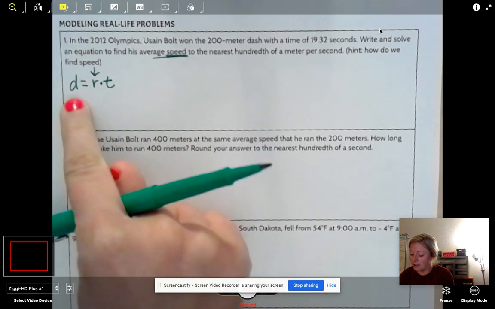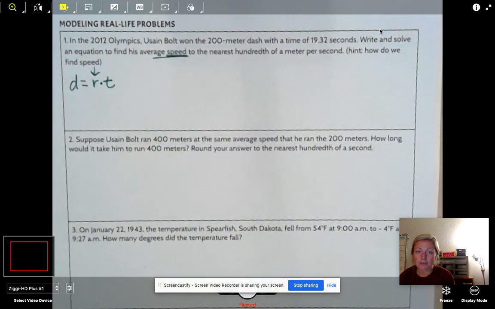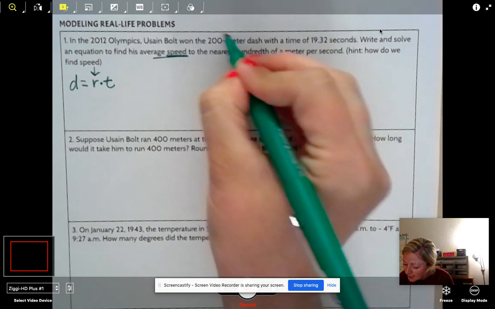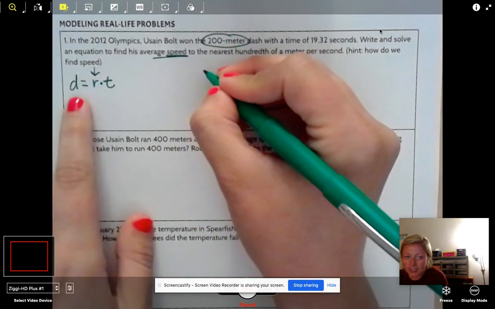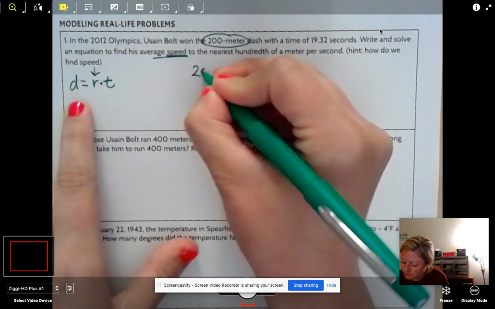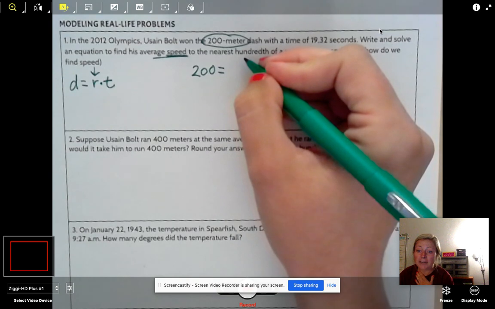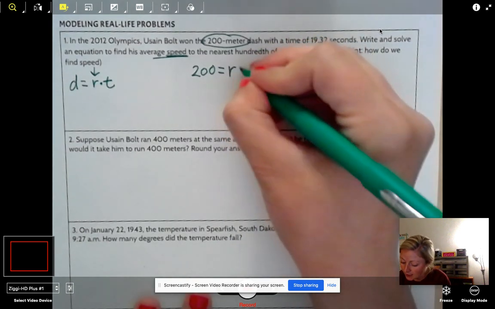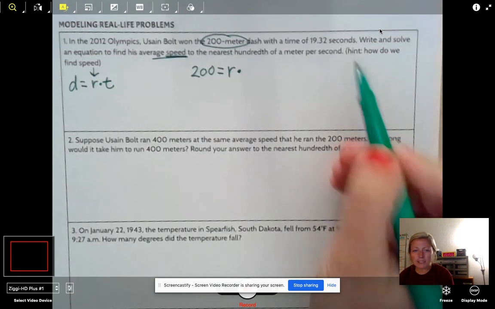So let's see here. Do I have a distance amount anywhere? How far did Usain run? Well, we were told he ran 200 meters. So that's my D. I'm going to plug in 200 for D. We're looking for R. We're trying to find his rate, how fast he ran per second. But what was his total time?